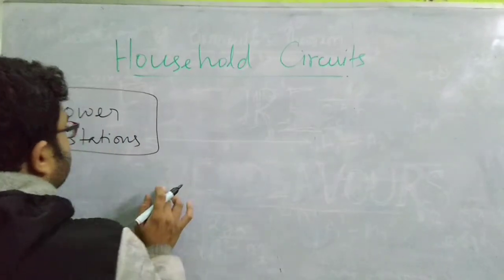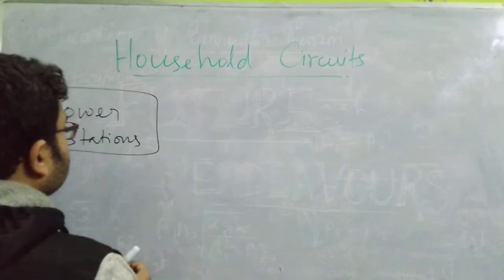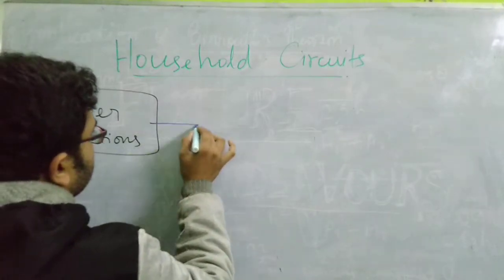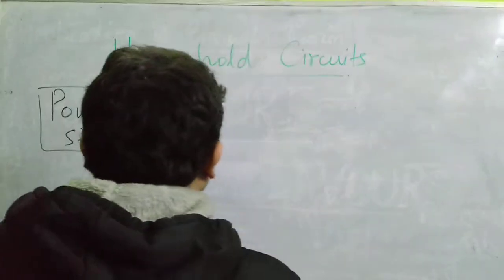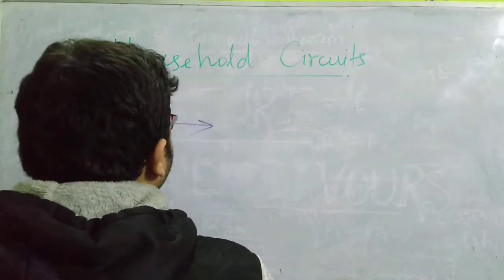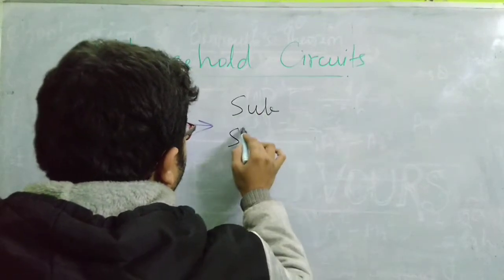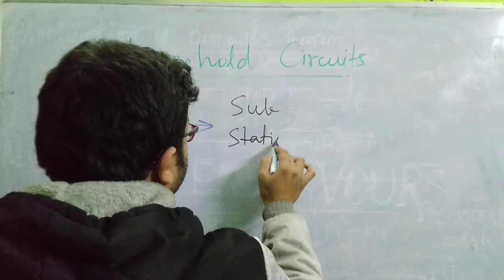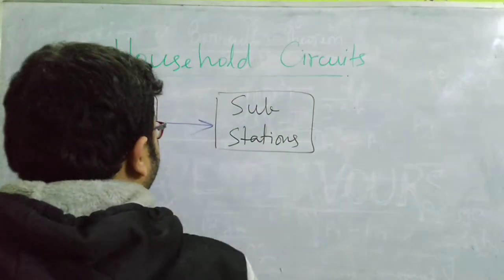I will be briefly discussing; I am just giving you the outline. From these power stations, the electrical energy is transmitted through overhead power lines and it reaches the substations on the outskirts of the cities or villages.